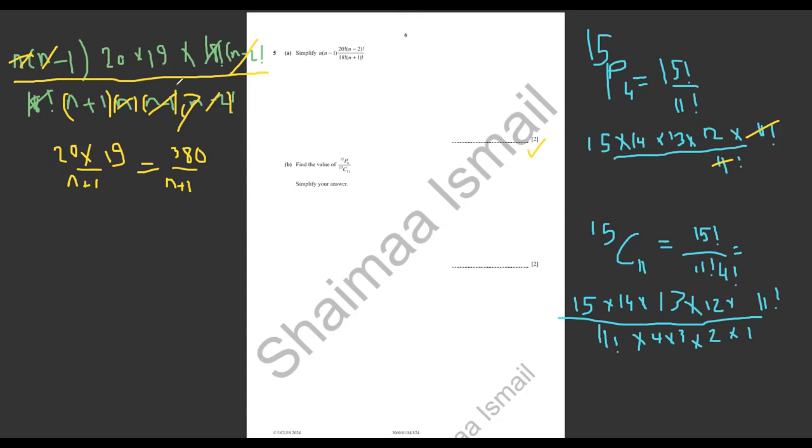Here we cancel the 11 factorial with the 11 factorial, 4 times 3 with the 12, and the 2 with the 14, and make this 7.